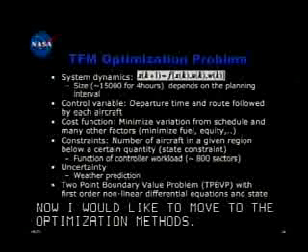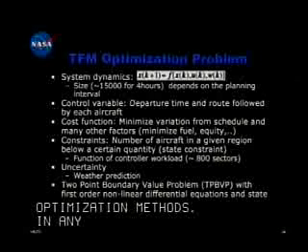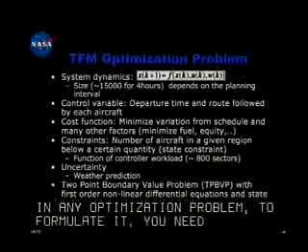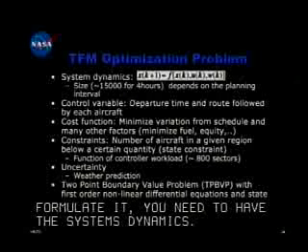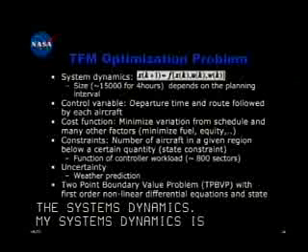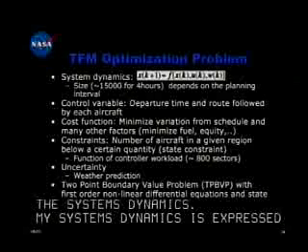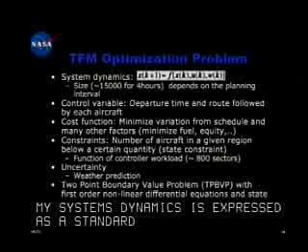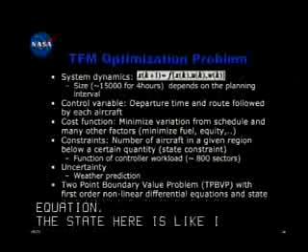In any optimization problem, to formulate it, you need to have the system dynamics. My system dynamics is expressed as a standard state space equation. And the state here, like I mentioned earlier, could be specified in two different ways.